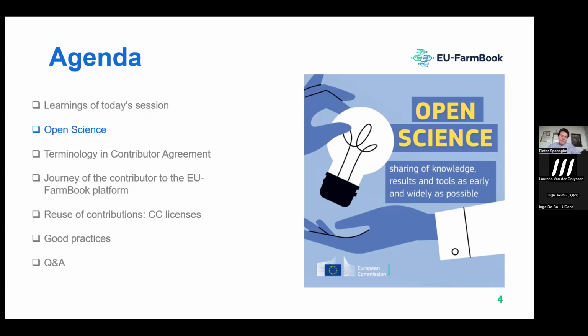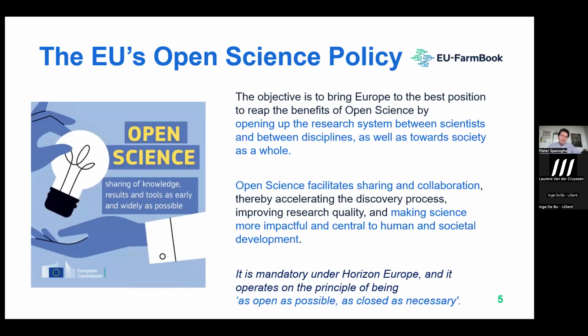We promise that we will spread your information across Europe and maybe outside of Europe. So open science, as the quote of the Commission at the bottom says, should be as open as possible and as closed as necessary. How will we do that? That's the question of today. And yes, as open as possible.